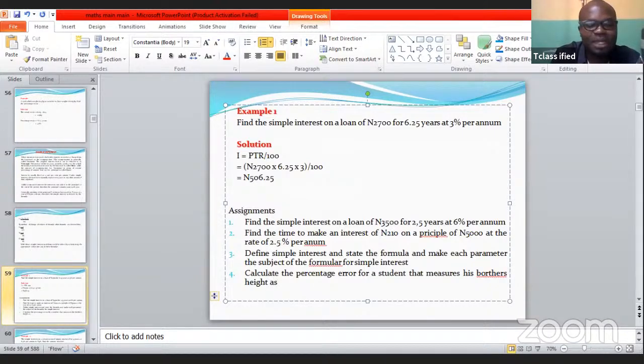That measures her brother's height as 45 centimeters instead of 47 centimeters. Okay, so that is the last question. Calculate the percentage error for a student that measured his brother's height as 45 centimeters instead of 47 centimeters.